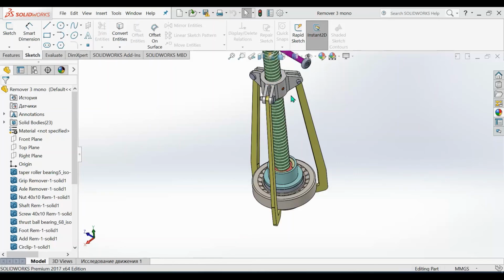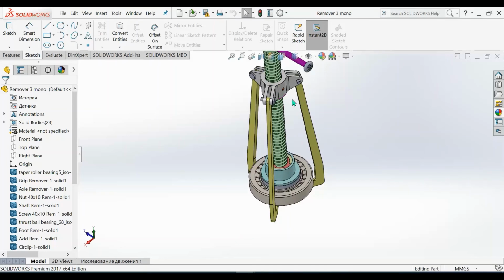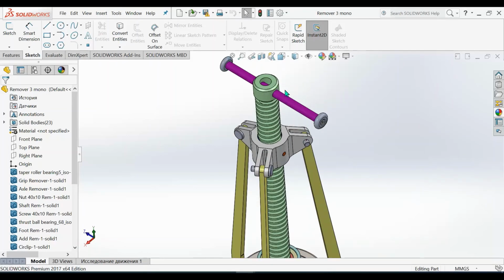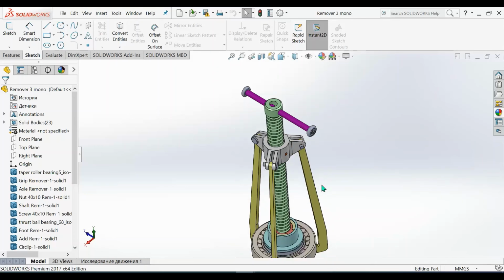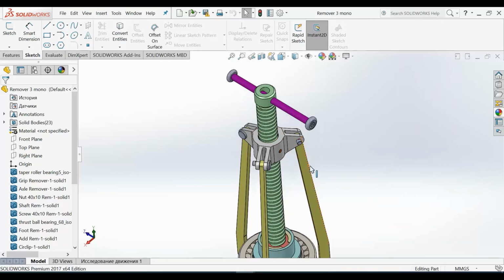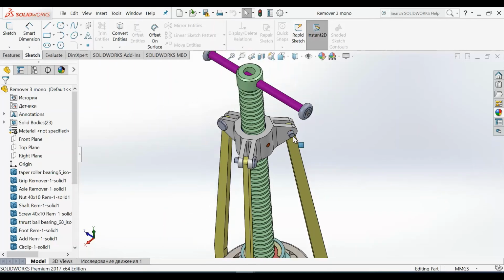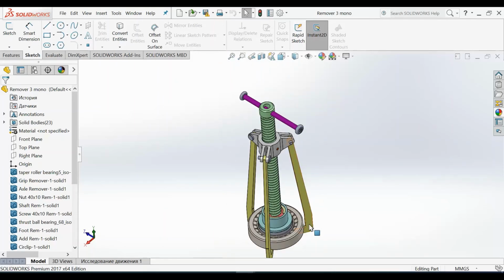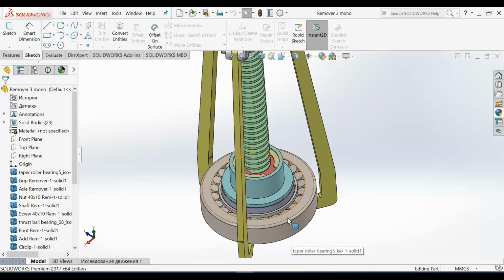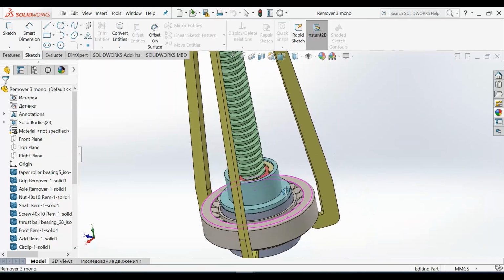But the difference is the handle and the point of force application are on different sides of the frame. And the second specific feature is arms or grips, which we use to dismount the bearing like this.